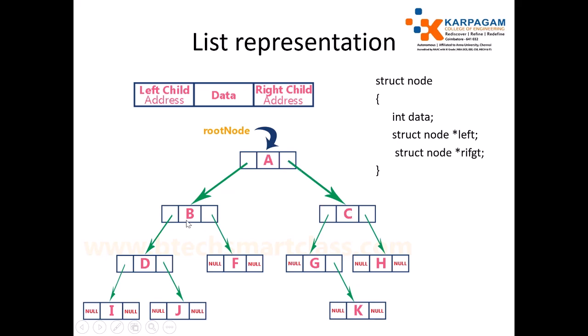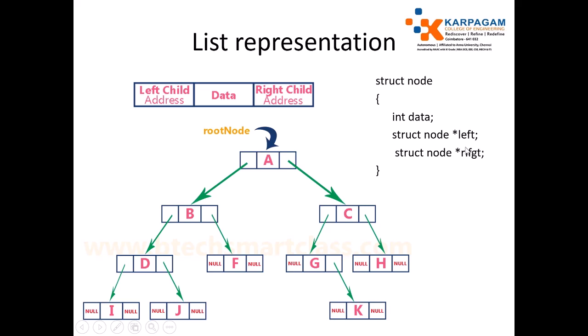So in each node we have at least 3 divisions. Okay, the data division may be expandable, and we have one fixed left subtree pointer and one fixed right subtree pointer. So the node is represented like left side address, data, and right side address. This is the data structure for a tree, which looks like a doubly linked list data structure.